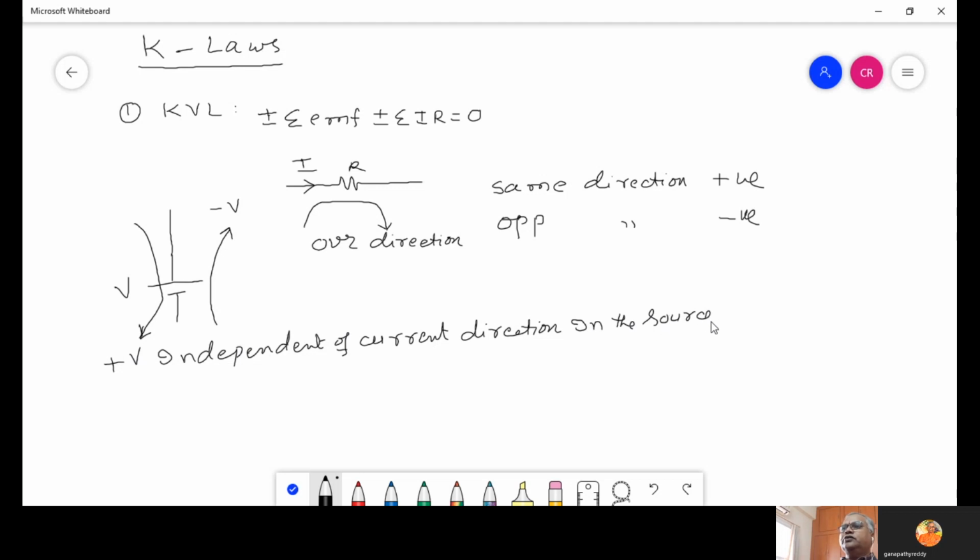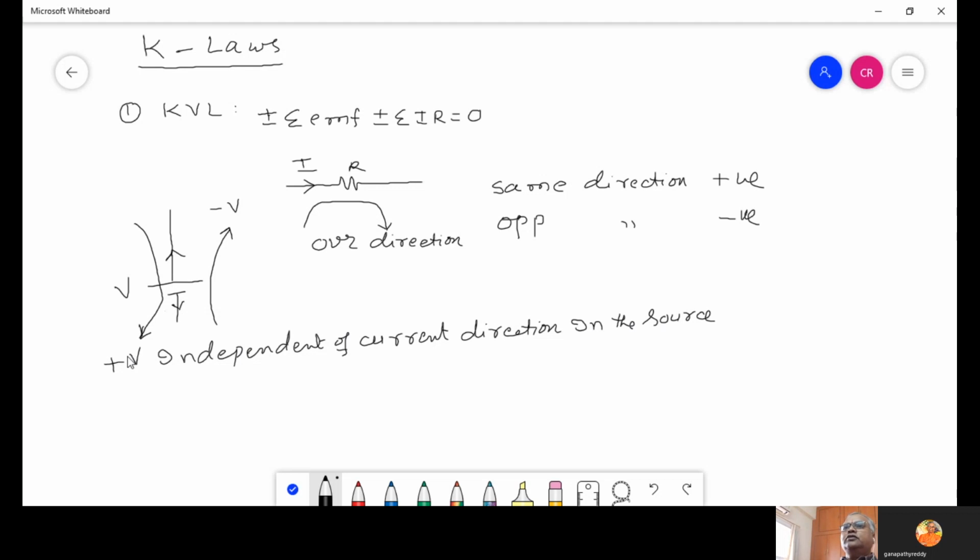Here the current may go up or go down. So don't worry which direction the current is flowing. You just see which direction we are going. So going minus to plus, take minus; going plus to minus, take plus.